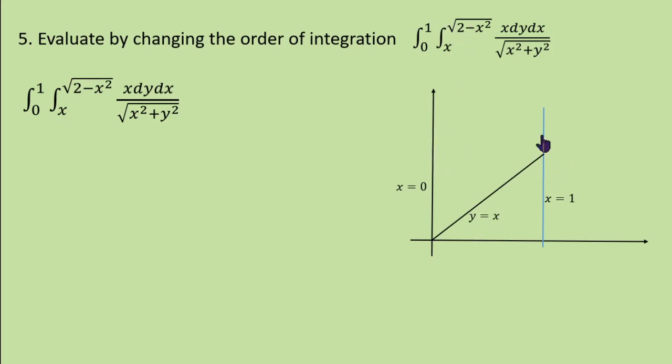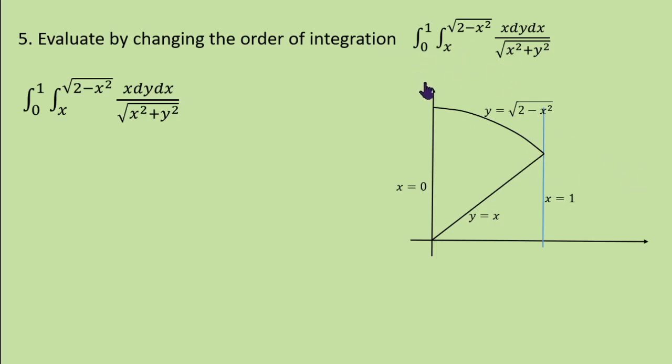Now how to draw that circle? When x is 0, y equal to root 2. When x is 1, y is also 1, because root of 2 minus 1 is 1. So a part of the circle joins these two points. So it is the part of the circle x square plus y square equal to 2.